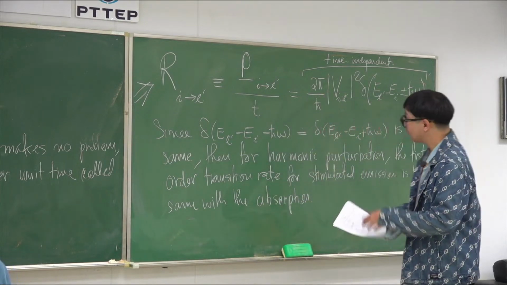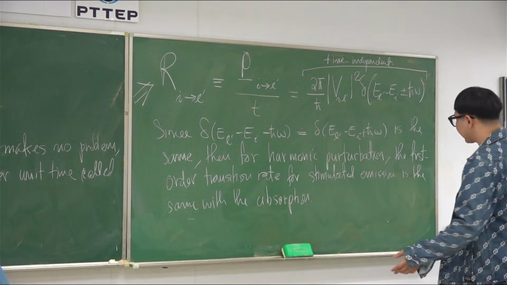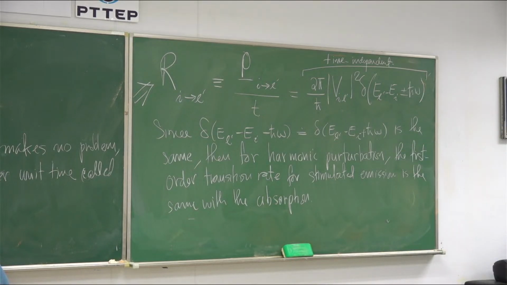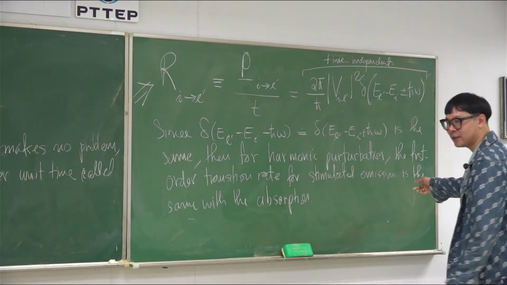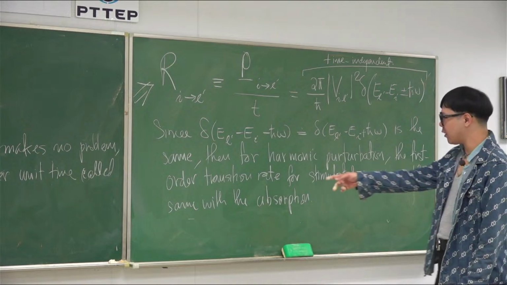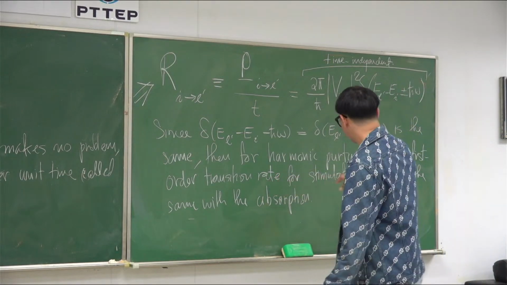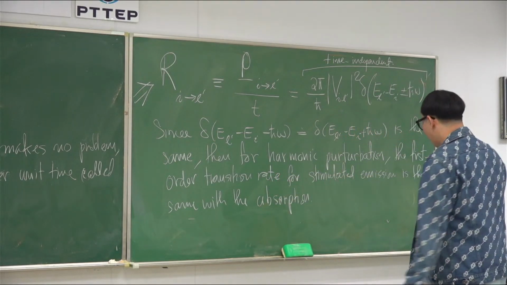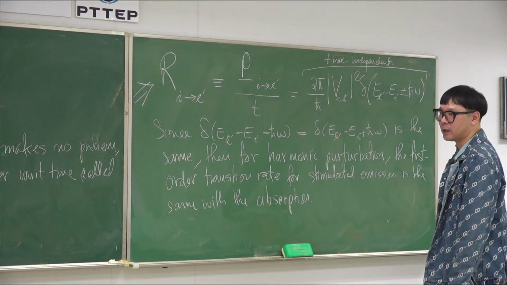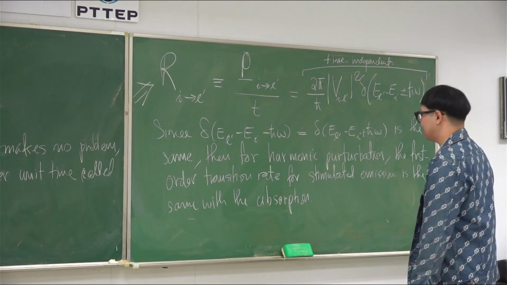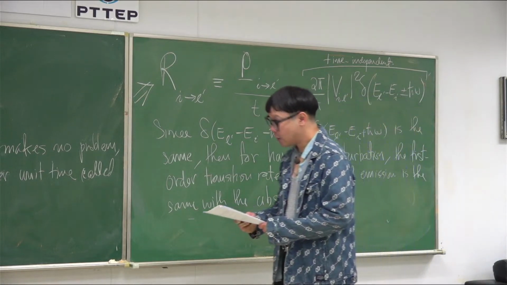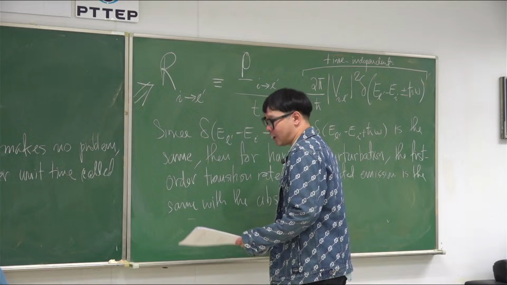Okay, so since these two delta functions are exactly the same, then for this harmonic perturbation, the first order transition rates for the stimulated emission and absorption are exactly the same, right? That is the point.